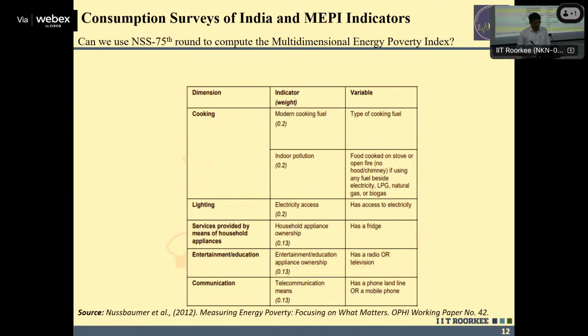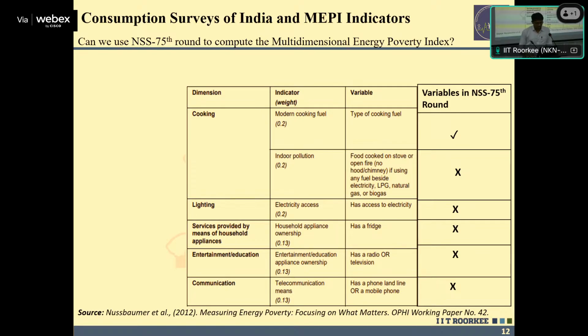So these are the ones. Whether these are available or not, we actually checked, and I found that only one indicator is more suitable from this round, whereas we check the consumption expenditure, not the health round. So this is about household consumption expenditure.